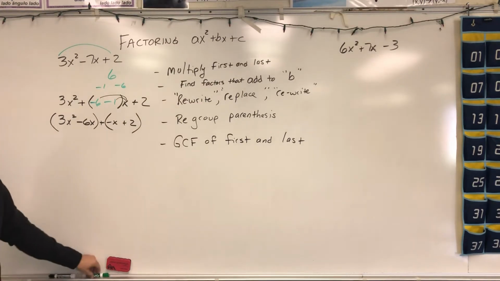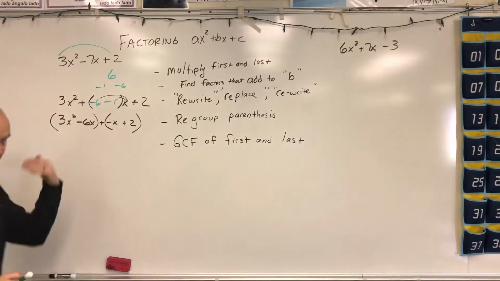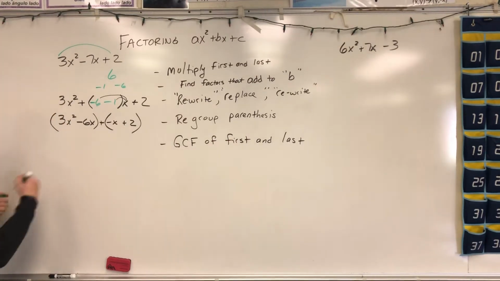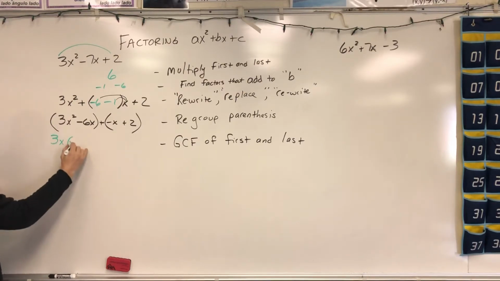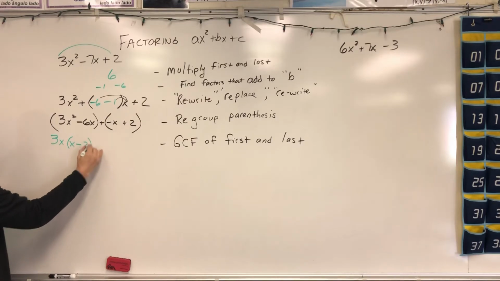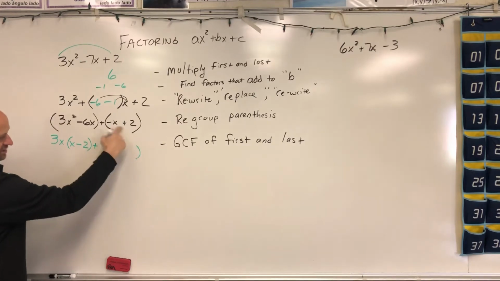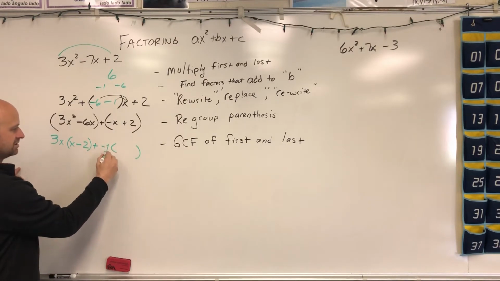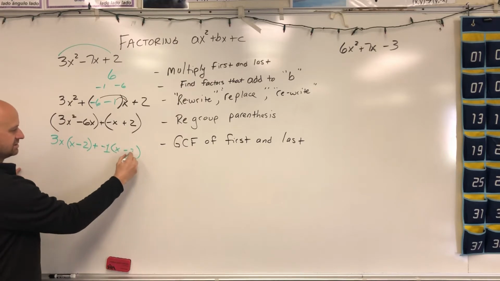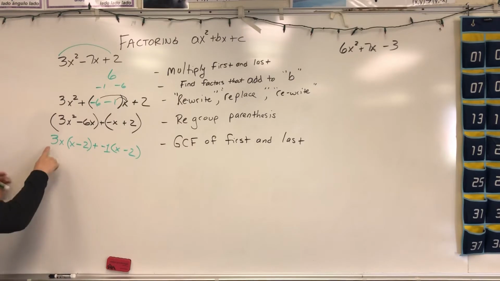Now we want to take the greatest common factor out of the first parenthesis and out of the last. The greatest common factor in this first parenthesis is 3x, and we're left with x minus 2. And then the greatest common factor out of the second parenthesis is a negative 1, and we're left with x minus 2.